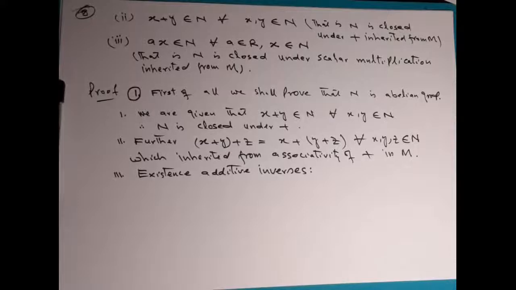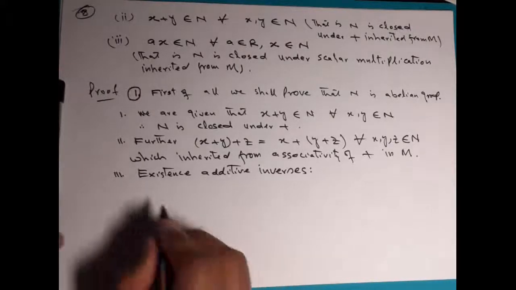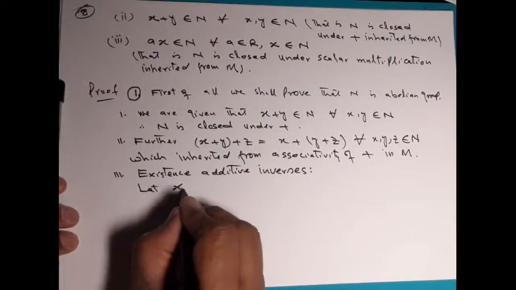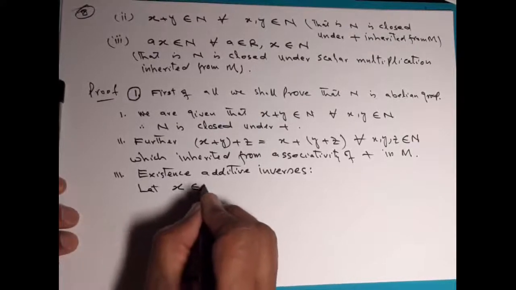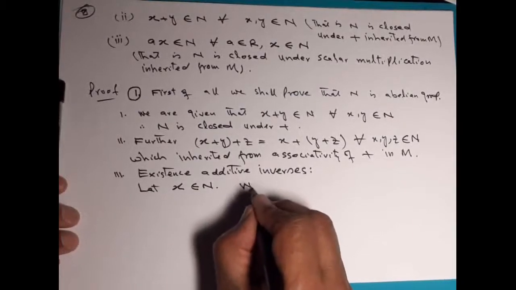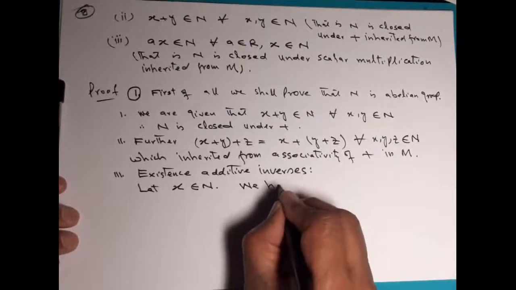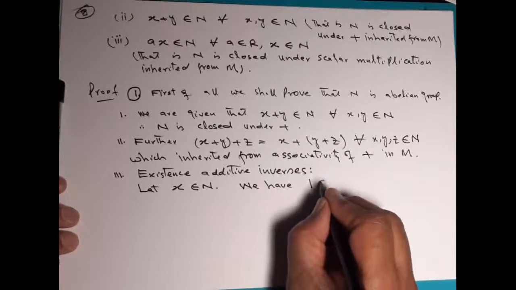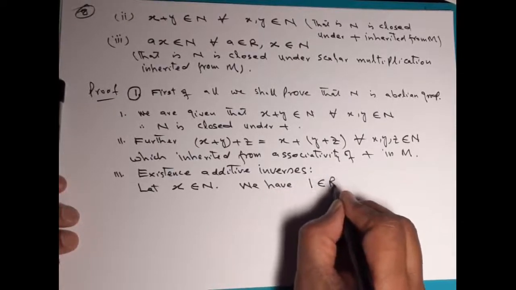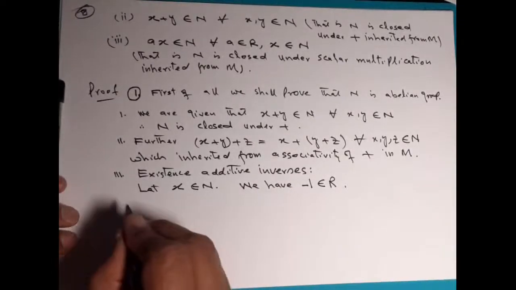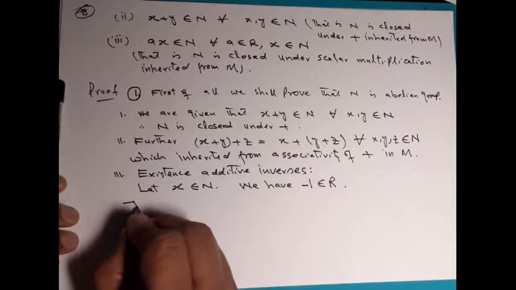How do inverses exist? Let's choose an element of N. Let x belong to N. Note that 1 is in the ring R, so minus 1 is also going to be in the ring R.